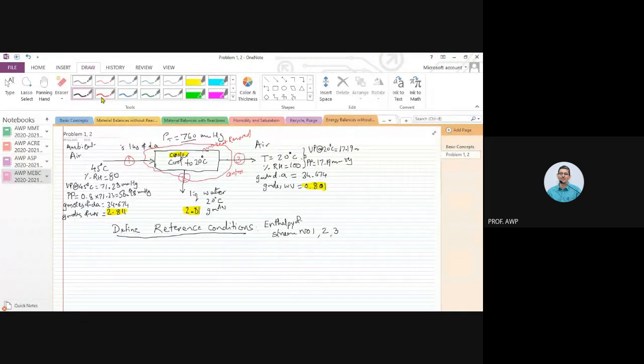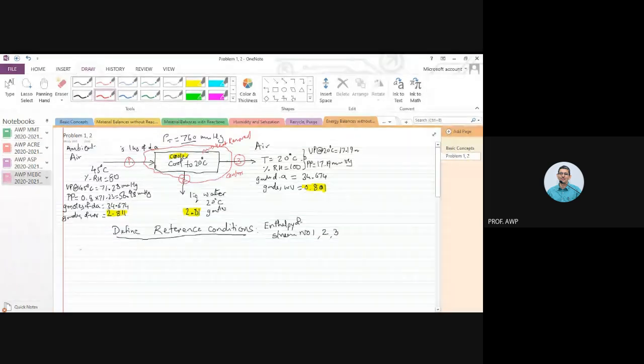Then across this control volume, we will simply write an enthalpy balance: enthalpy coming in must be equal to enthalpy going out, just like I did material balance. Enthalpy coming in is because of stream 1.